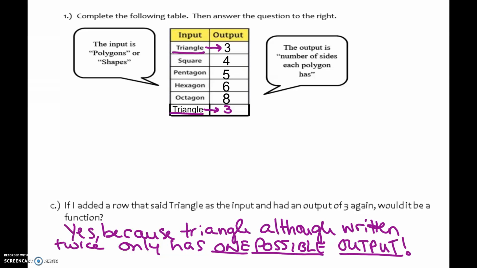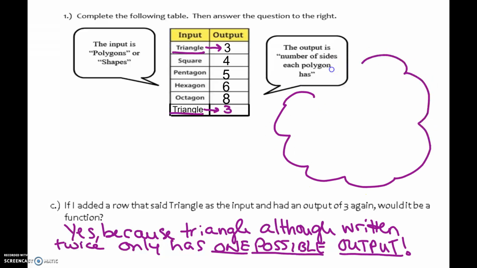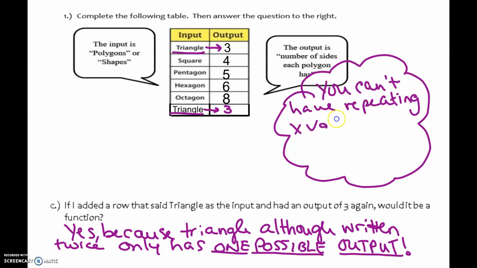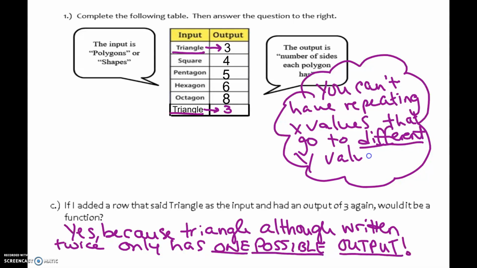So really, in order for something to be a function, the big main idea you need to walk away from this lesson seeing is that you can't have repeating x values that go to different y values.